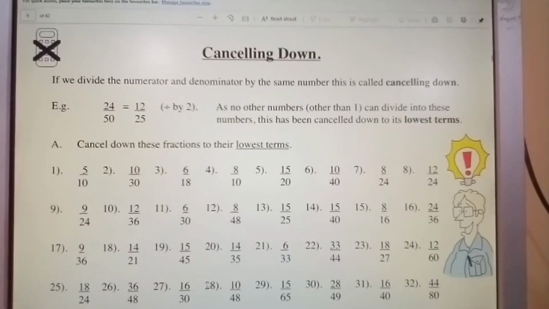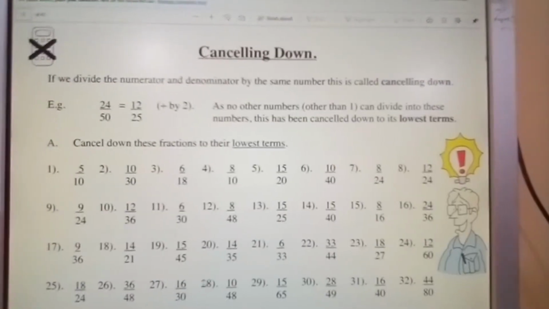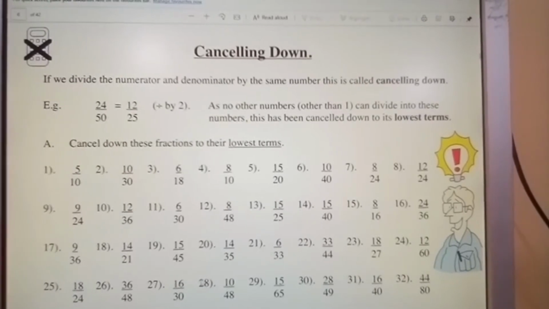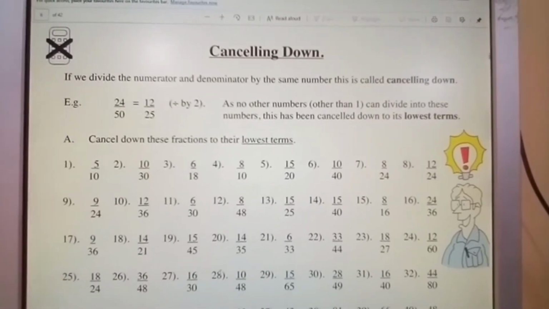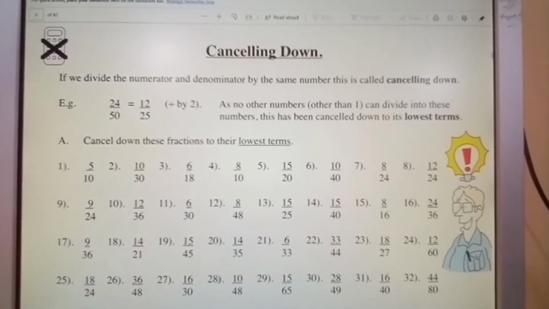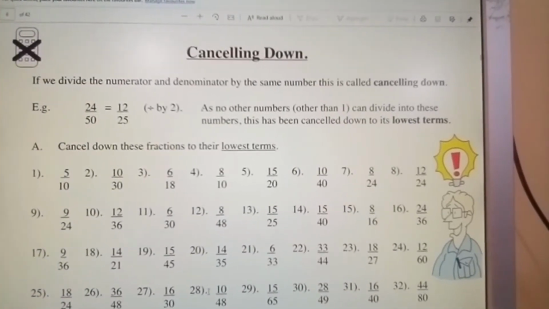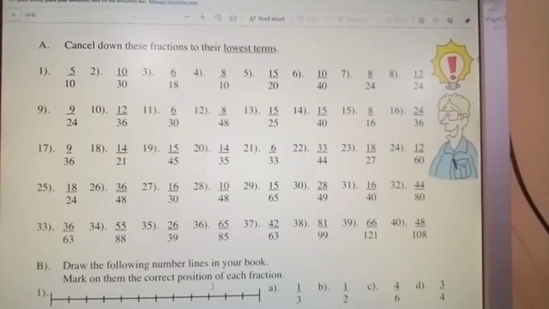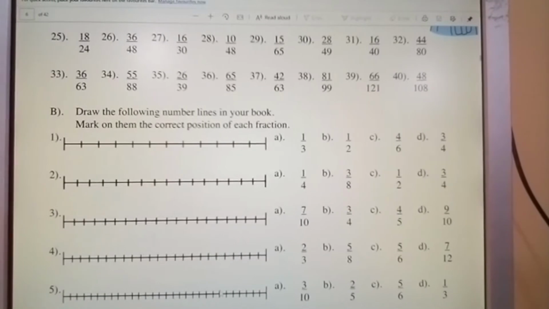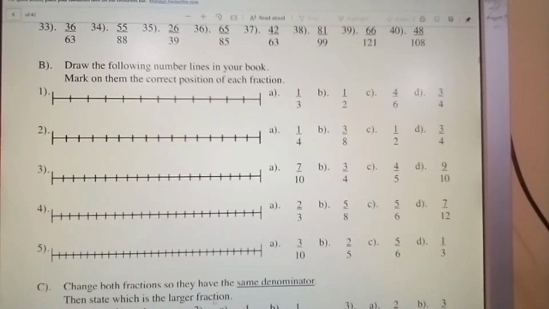So you find a number that will divide into the top and bottom equally. That allows you then to bring it down into its lowest form, okay? Again, draw these out for yourselves, write out the work, okay?